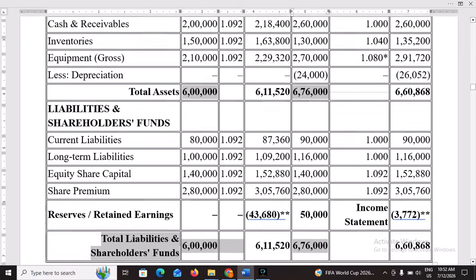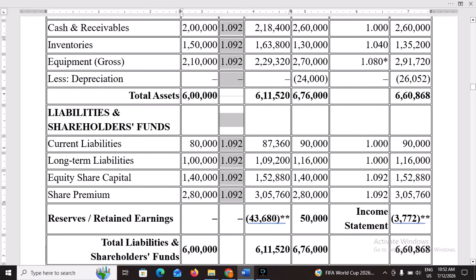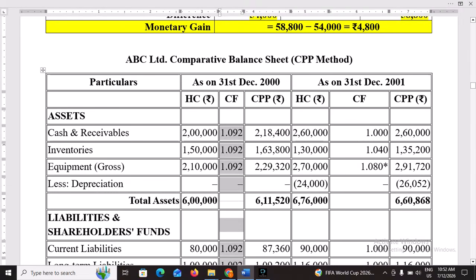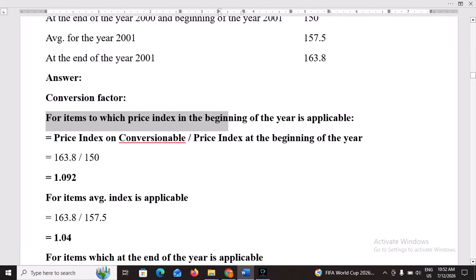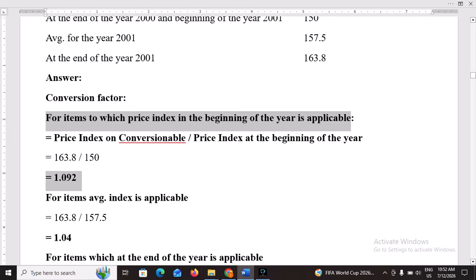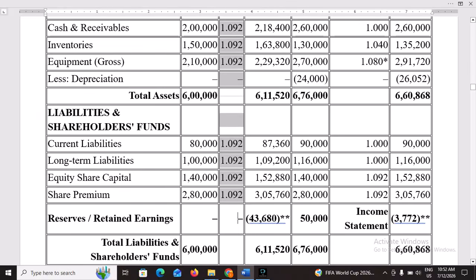Now the cash flow as on opening: the opening conversion factor is 1.092.